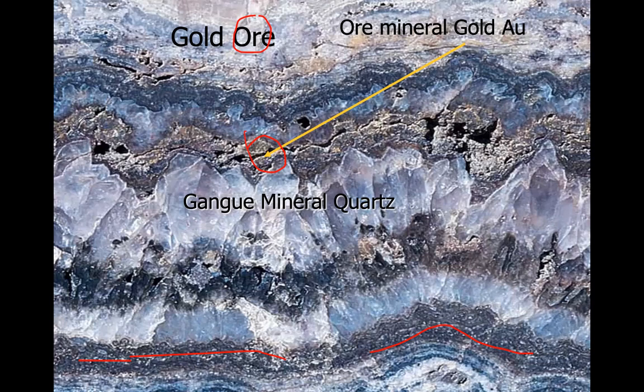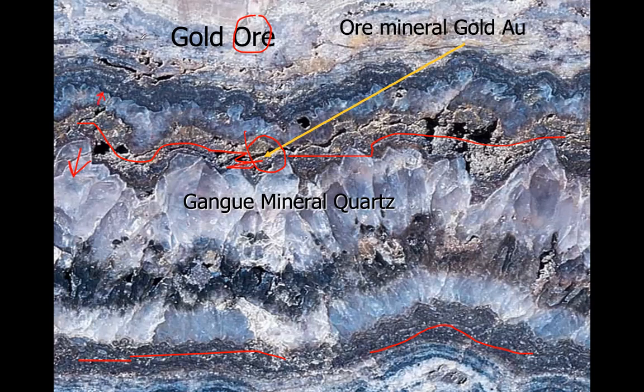So here you can easily see a layer extending. This is a gold containing layer. Okay, so on either side of these two gold layers, what you have is host rock.